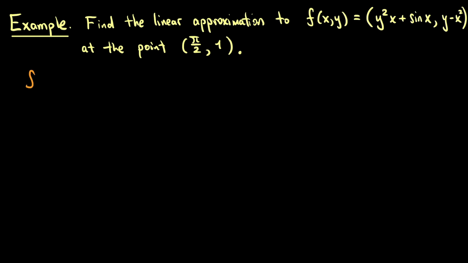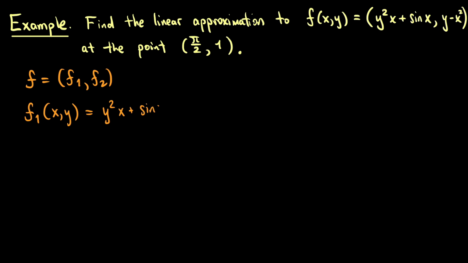Let me write f as f1 and then f2, where f1 of x, y is just the scalar valued function y squared x plus sine x, and f2 is just y minus x squared. So these are pretty simple functions overall.